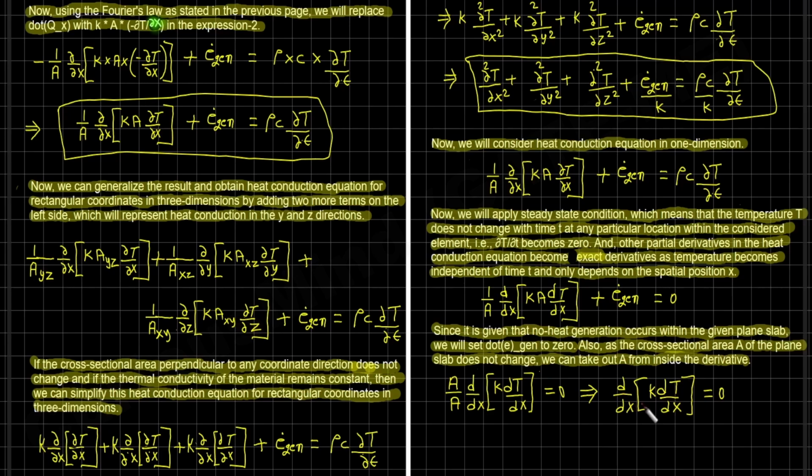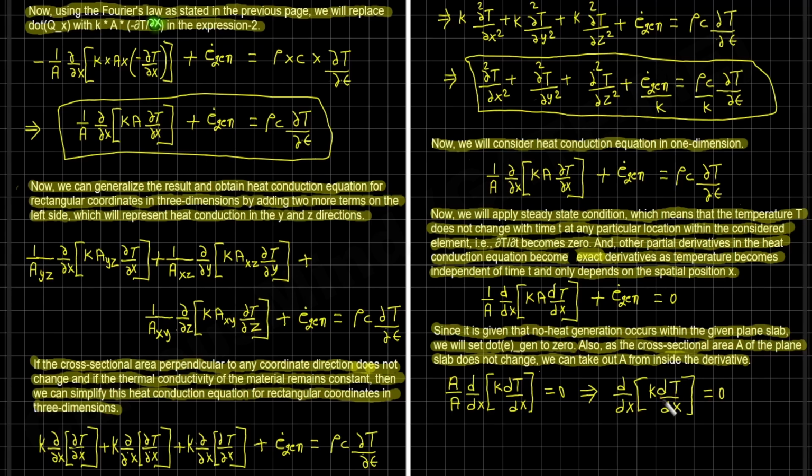Now when we look at this differential equation, we see that the derivative of this term with respect to x is 0, which means this term must be a constant. We can assume that this term is a constant because we know that the exact derivative of a constant is always equal to 0.